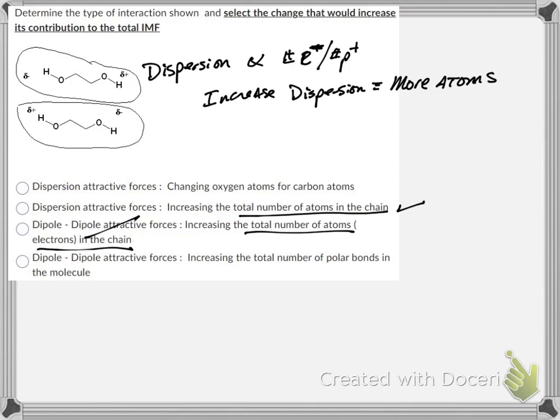So when we look at this, we can immediately cross out dipole attractive forces. And for dispersion attractive forces, changing oxygen atoms for carbon atoms is not going to do it. That's reducing the total number of electrons by 2 for each atom. But increasing the total number of atoms in the chain will increase dispersion.